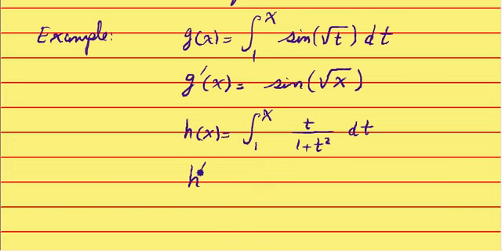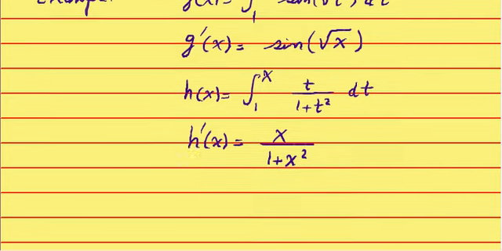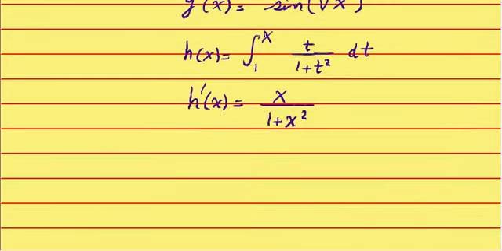If I want to calculate h prime of x, the derivative of this function is simply the integrand evaluated at this upper end of the region of integration. That's all.